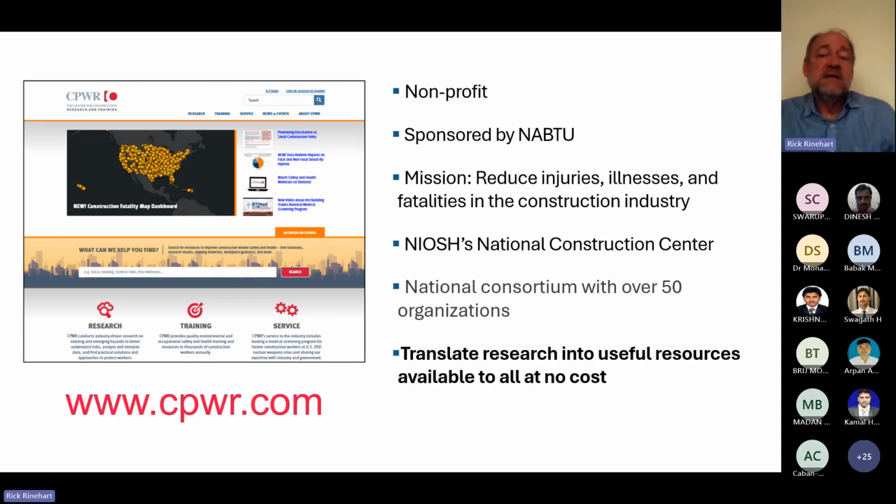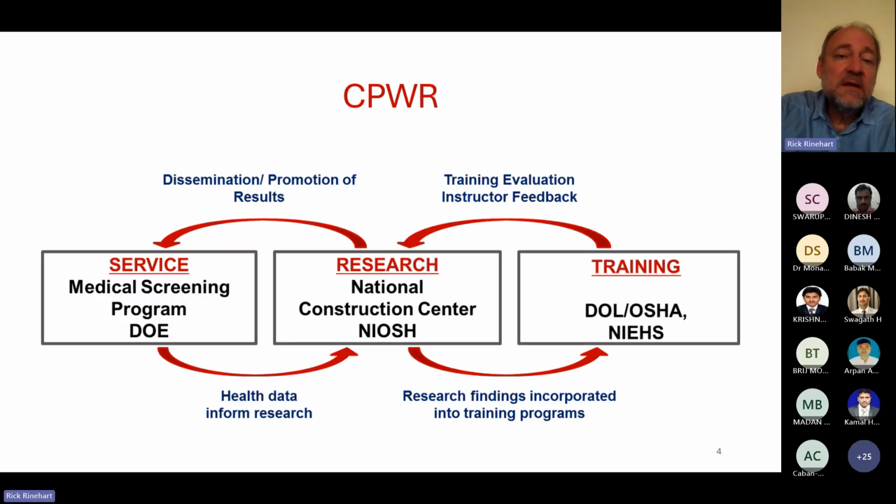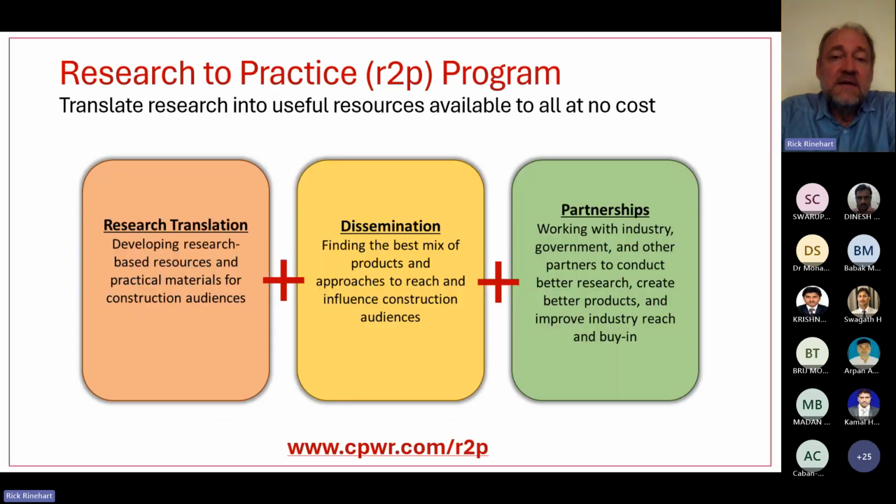And one of the main things that we do is to try to translate the research that comes out of this work into practical tools and information that can be used at no cost by anybody. I'm going to skip this slide just for time. This is just highlighting that our organization has 3 legs that are not siloed, they interact with each other, and I'm really going to focus on the one in the middle, our National Construction Center, and the products that have come out of that.